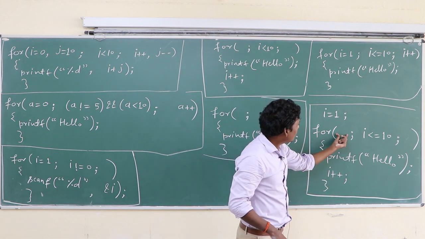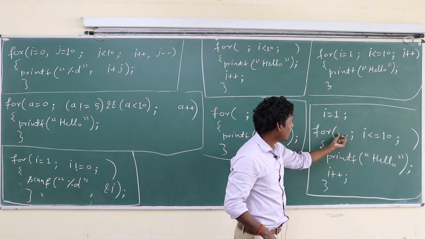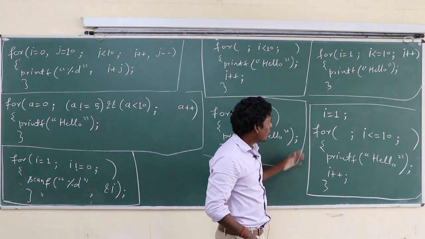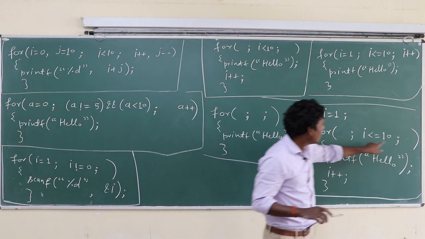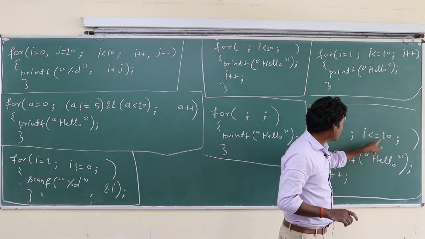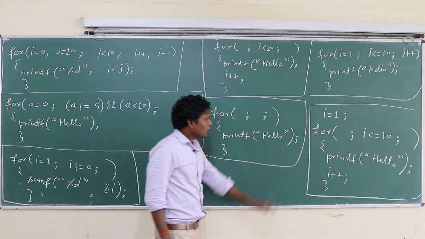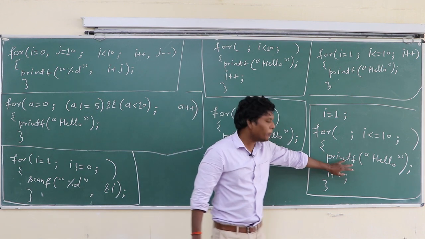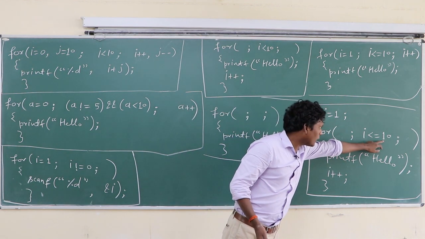Because increment or decrement works at the end of the loop, that's why I write i plus plus there, and I write i equal to 1 here rather than in the loop header. So this one is also true. Here three sections are also available: i equal to 1 and i plus plus. This is the condition, i less than or equal to 10. So here hello will be printed 10 times, from i equal to 1 to i equal to 10.